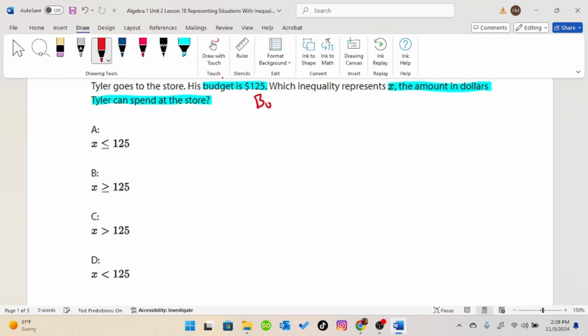First, budget is the maximum amount you can spend.